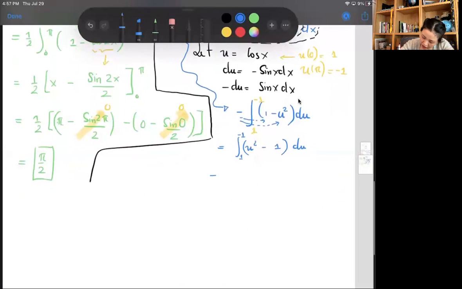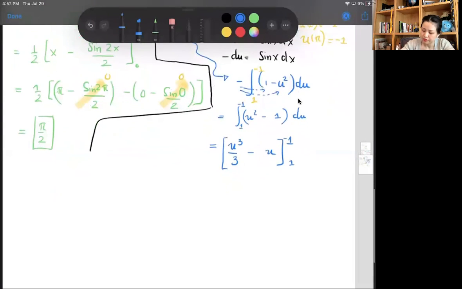Now I can integrate. So it's u cubed over 3 minus u, evaluated from 1 to -1. Upper limit first: if I plug in -1 for u, I have -1/3 minus -1, which is +1.